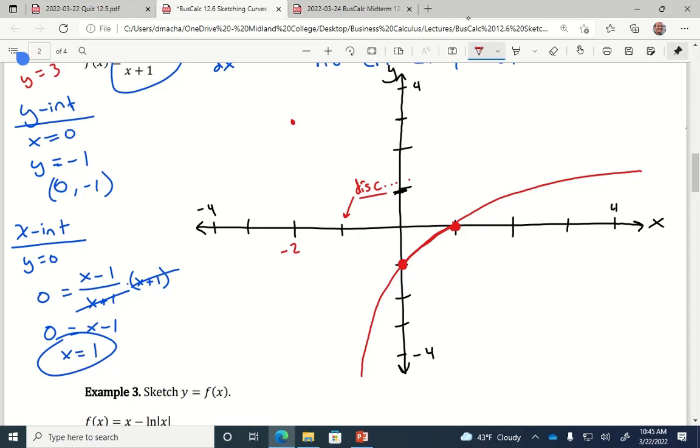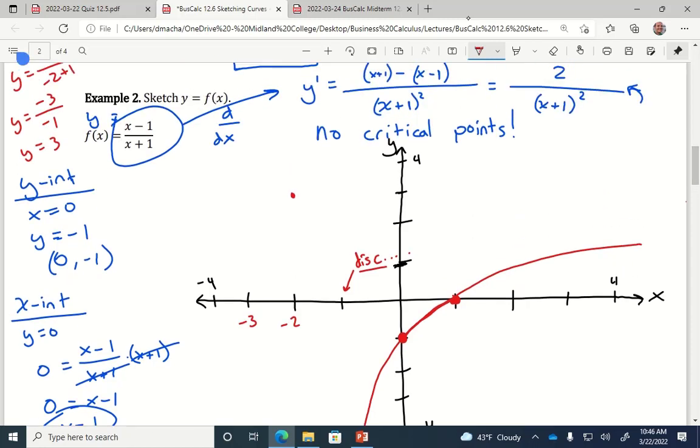Okay, let's plug in another point, x equals -3. And so now my y value is -3 minus 1 in the numerator and -3 plus 1 in the denominator. So that would be -4 divided by -2. So y is going to be +2. So right there, -3, +2.